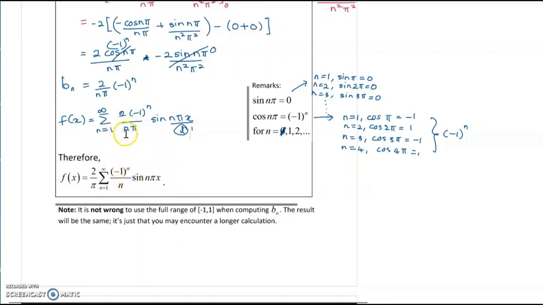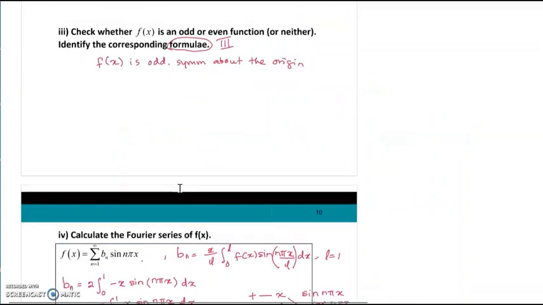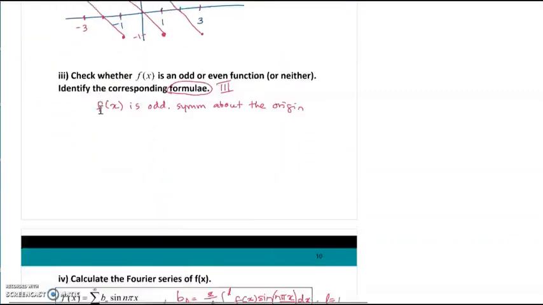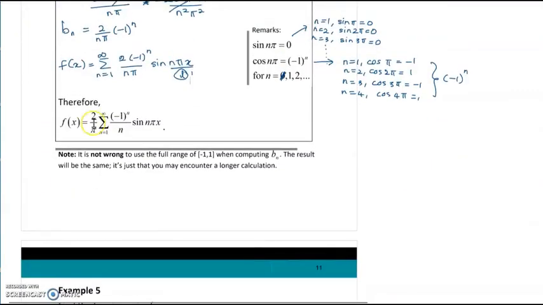This n here cannot be put aside, because it is part of the summation, n equals 1 up to positive infinity. So the Fourier series of this fx is given by this expression here. Right? So that's example 4.